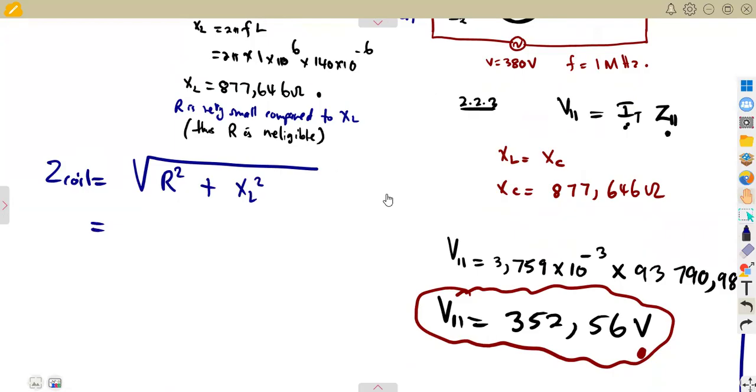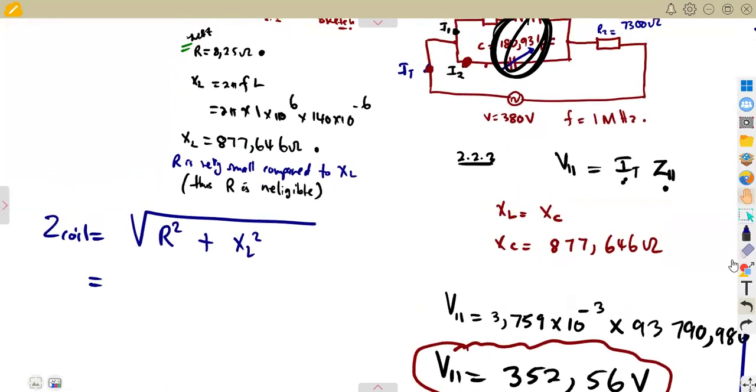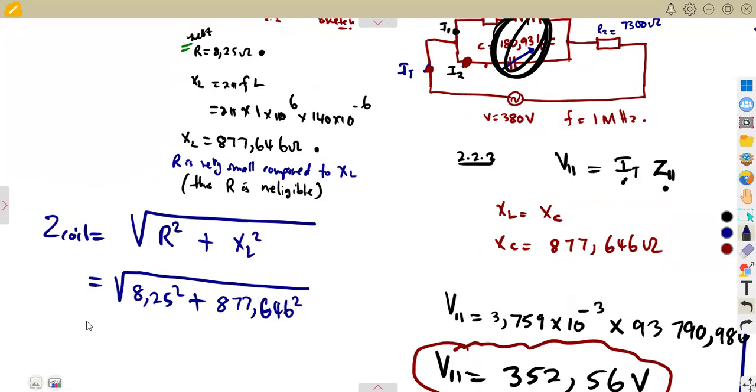The resistance there is 8.25. So we have 8.25 squared plus XL, which is 877.646 squared. So there we have the resistance that we are going to use when we are considering the coil on its own.